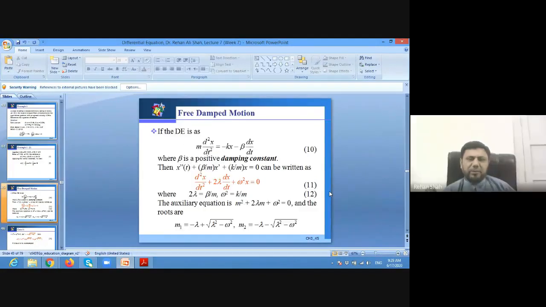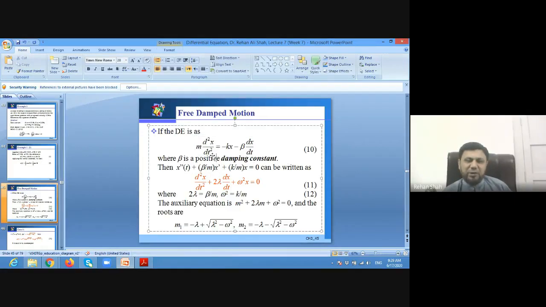Clear, sir. Okay. Now this is free damped motion. This is another example. This is d square x by dt square, on the left hand side there are forces. This is the spring constant, and this is minus beta dx by dt, where beta is the positive damping constant.